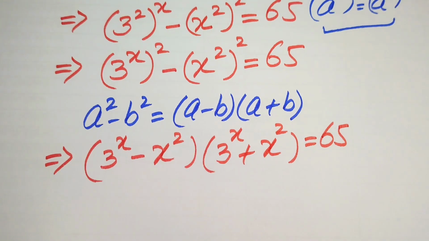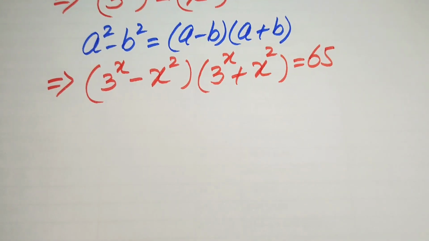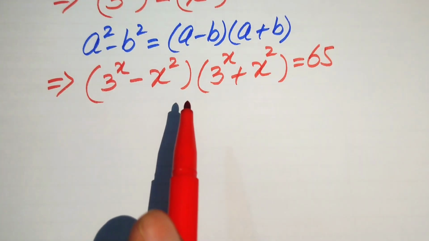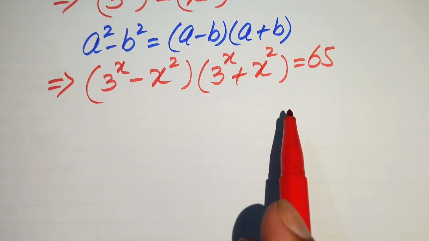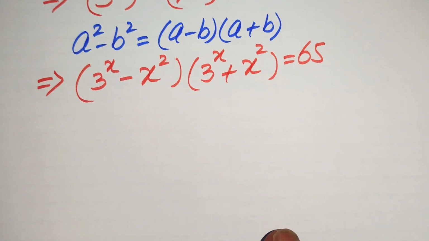Okay, so after this step, focus on the left hand side. We have two factors multiplied by each other, but on the right hand side we have only one factor. So first we find the possibilities in which the product of two numbers becomes 65.